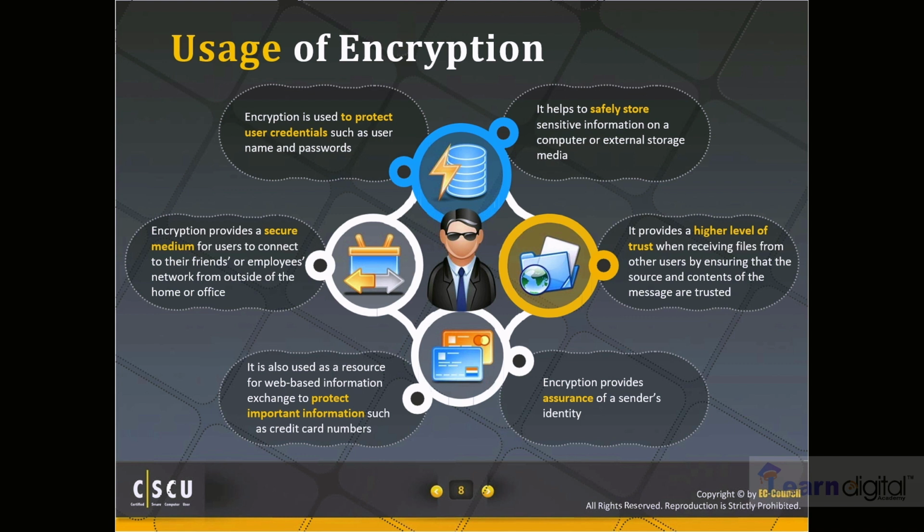Then there is one more point, and that is secure communication. We use encryption in secure communication channels such as VPNs, secure messaging apps, and secure emails to protect the privacy of the transmitted data. Storage protection is also there. Encryption can be used to protect sensitive data stored on devices, servers, and cloud platforms, safeguarding it even if physical access is gained.